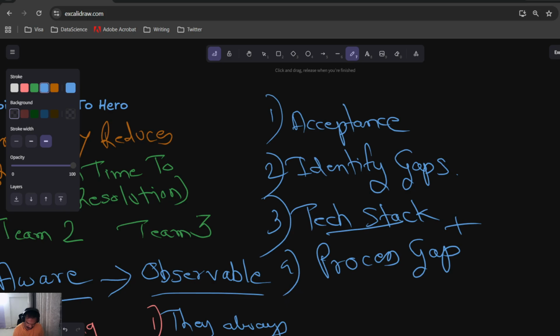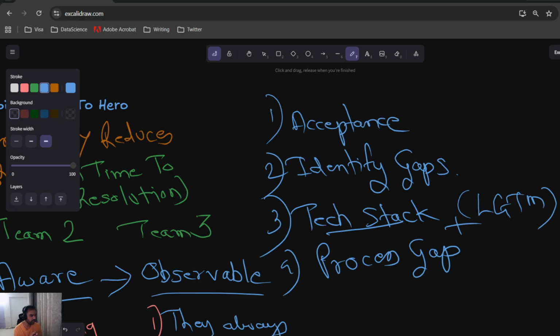So if you say that I'm just going to put in place the LGTM stack, but your services are not writing correct logs, if your services or infrastructure are not emitting correct metrics, or you do not have correct Grafana dashboards, it won't work. Similarly, if you put in place the fanciest of LGTM stacks, but your teams are not aware, they don't know how to read the dashboard, or maybe the dashboards are not reliable, or there is a knowledge gap around how services should log. For example, if the logging itself is insufficient, then there's no point, right?